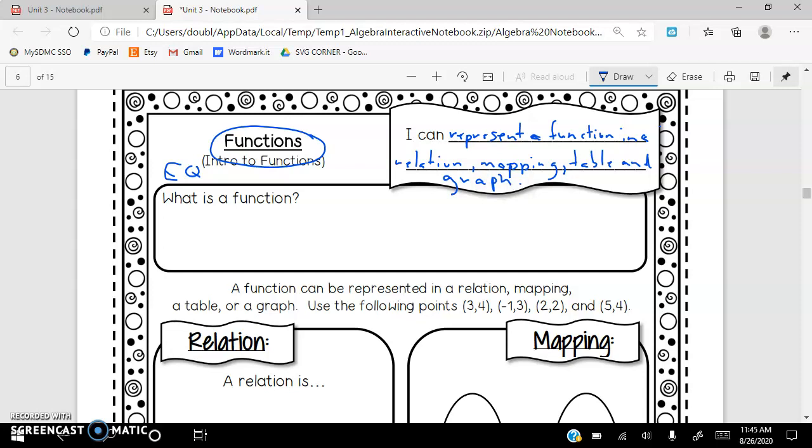Okay, again, at the end of this topic, you should be able to represent a function in a relation, mapping, table, and a graph. So what is a function?